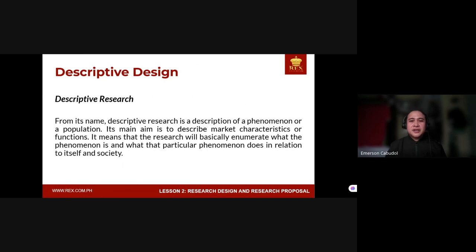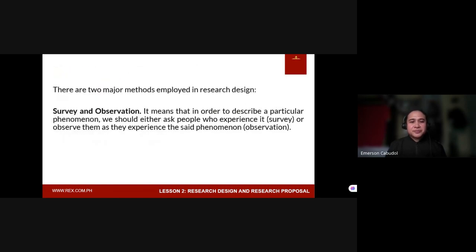It focuses on accurately describing the characteristics, behaviors, or functions of the subject being studied, providing insights into what is and how it relates to its environment or community. The goal is to provide a clear and comprehensive overview.